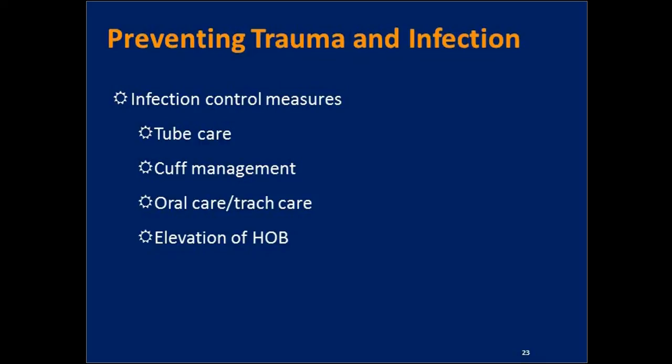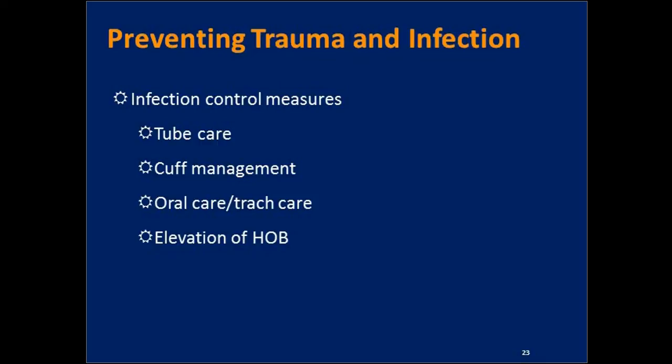And then for people who are intubated for a period of time, often respiratory therapy will come in and they will move the location or the position of that ET tube from one side of the mouth to the other to prevent the tube from necrosing the lip.